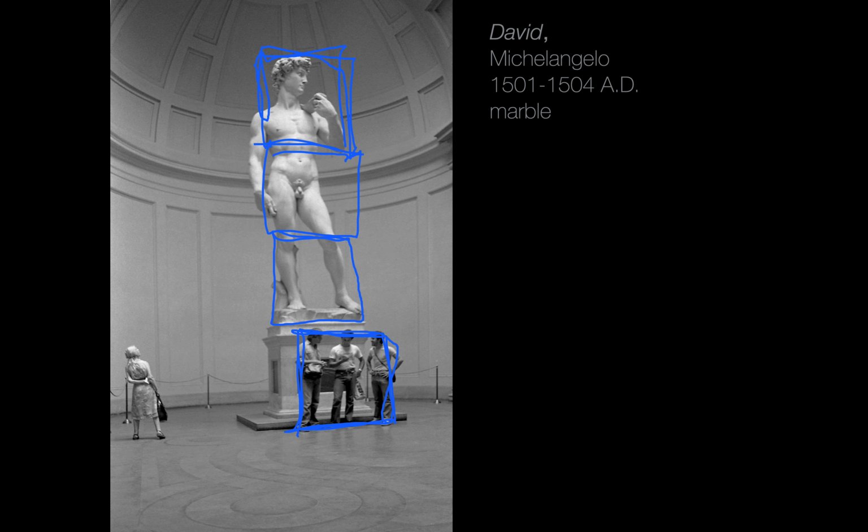So this is considered to be colossal scale. And scale always refers to how something relates in size to a human being. So this is considered colossal scale because it's about 3 times the size of a human being. Right there.